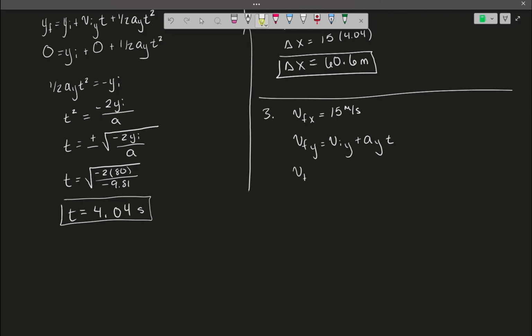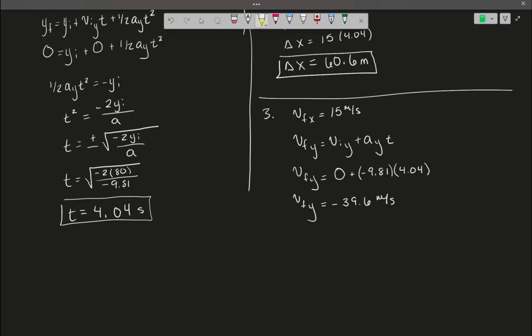So my final velocity in the y direction is going to be equal to, well, I had no velocity in the y direction initially, and then my acceleration due to gravity in the y direction is negative 9.81, and my time is 4.04 seconds. So this means that the final velocity in the y direction is going to be negative 39.6 meters per second.